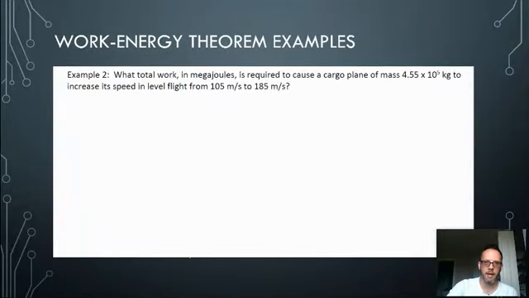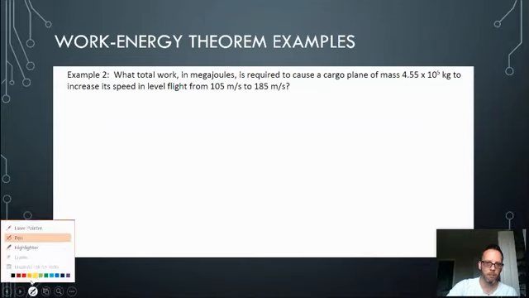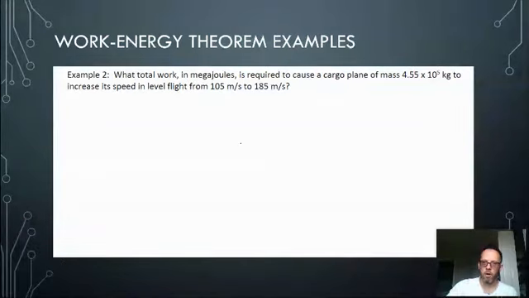What total work in megajoules, so mega is the prefix for million, is required to cause a cargo plane with a certain mass to increase its speed in level flight from 105 meters per second to 185 meters per second? Level flight indicates that nothing else is changing. All the work from burning this fuel to accelerate the plane is going into increasing its speed.